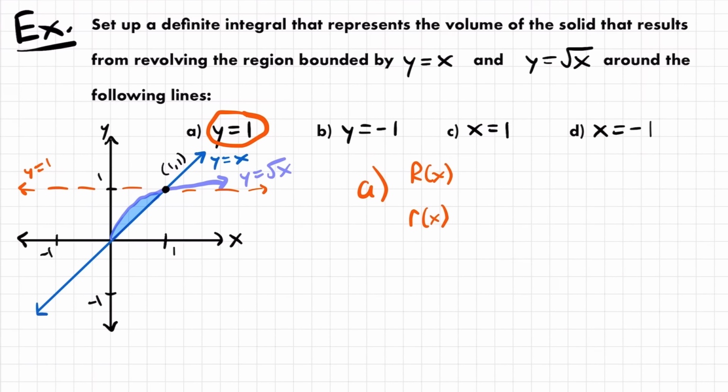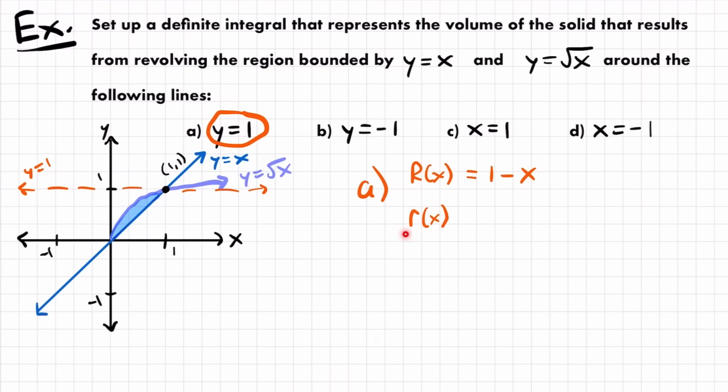So our outer radius will be equal to the value of the axis 1 minus that function x. Okay, since the region is below the line we're revolving around, we need to subtract each of our boundaries from the value of that axis to get the actual measurement for each radius. Okay, and so 1 minus x is the distance between this boundary or this line and our axis of revolution.